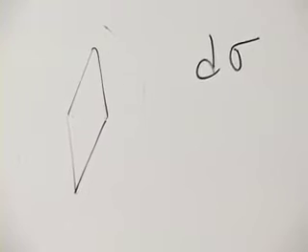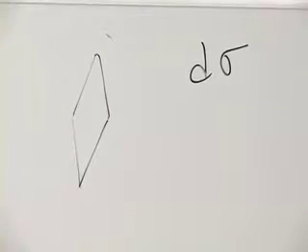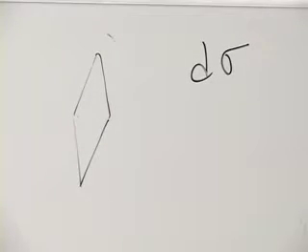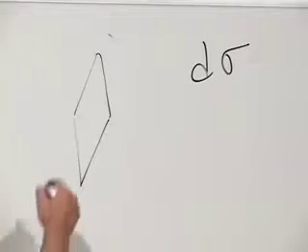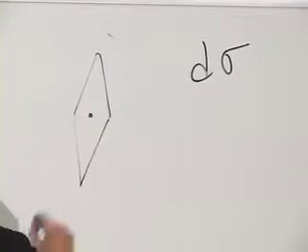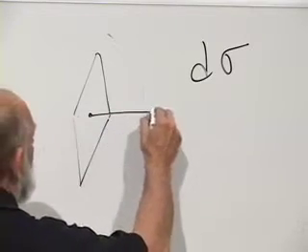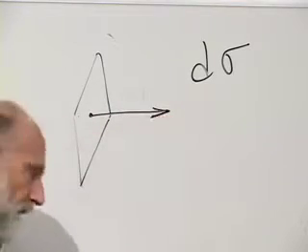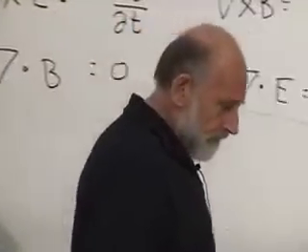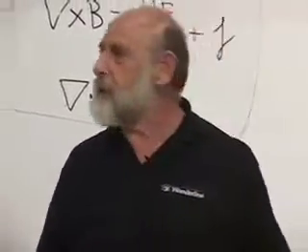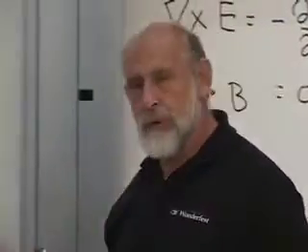But when people write d sigma, they mean something a little more. They mean a vector. Now, how can an area be a vector? Well, what you do is you take that area and you assign to it a vector perpendicular to the area element. We'll decide in a few minutes which direction. Do I do it to the left or do I do it to the right?